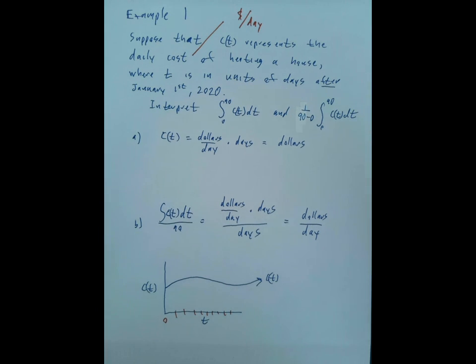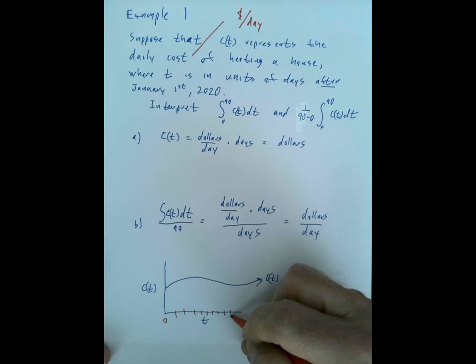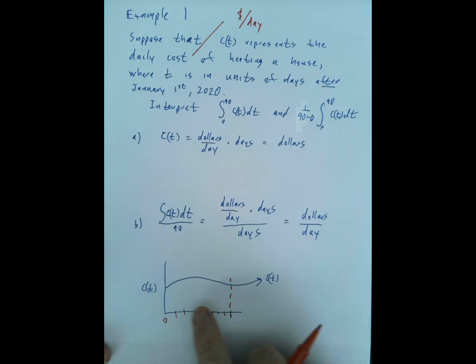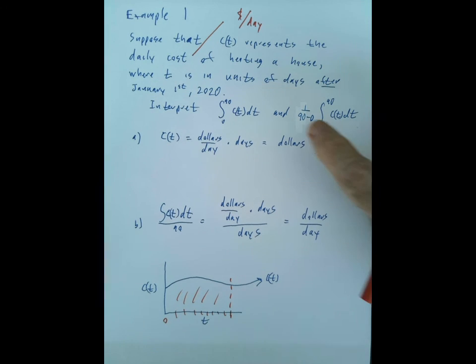Okay, so what would be the area under the curve? If this is dollars per day and this is days, then the area under the curve would be the total accumulated cost in dollars, the total amount that we would be paying. So let's interpret these integrals.